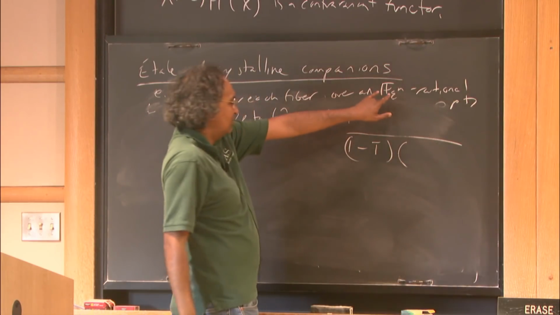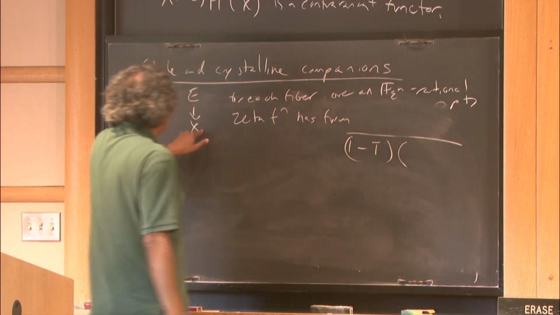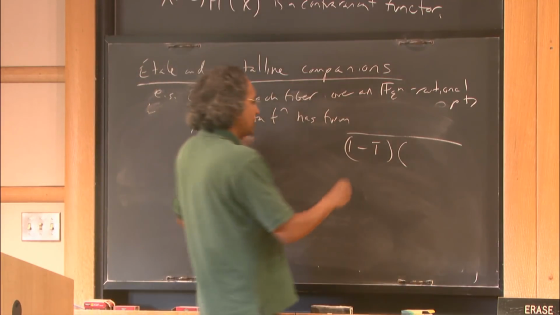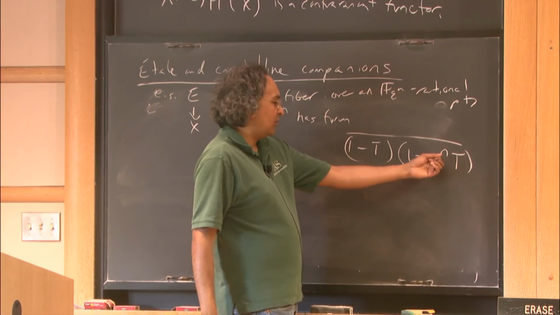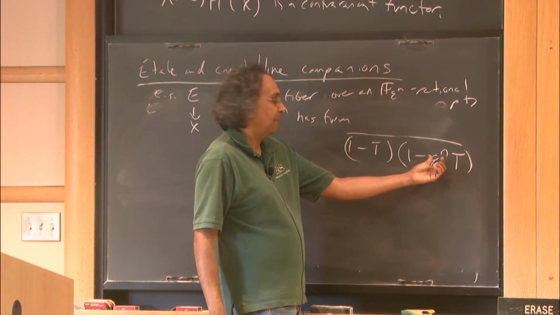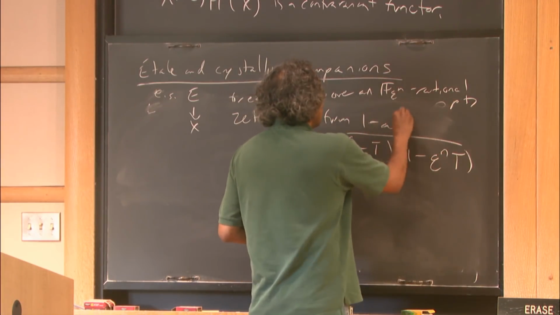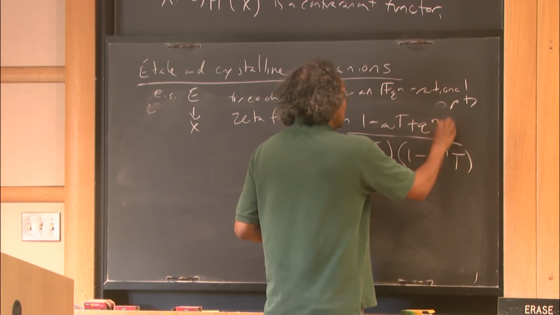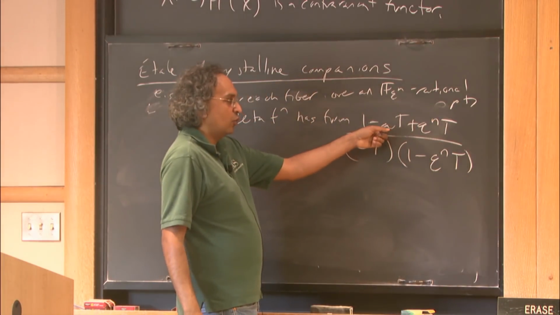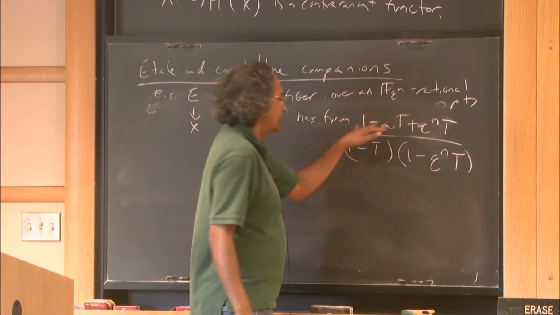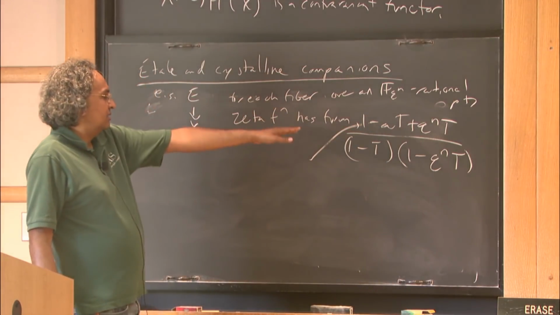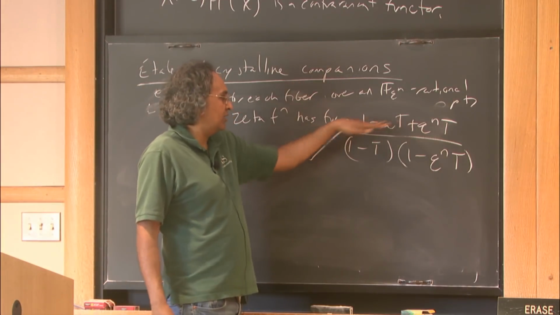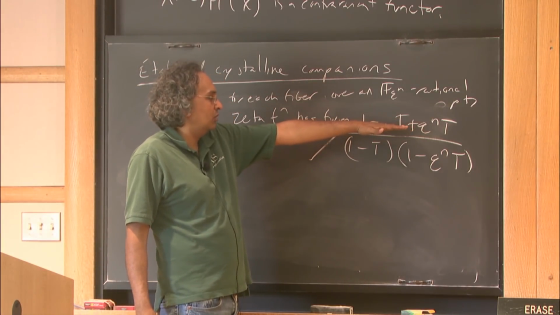So remember, there are only finitely many points with any given residue field. So as I look at different fibers, the power of q here is going to vary. And this value of a is also going to vary. And so now the idea is, what happens when you look at the algebraic numbers that appear as the roots up here?